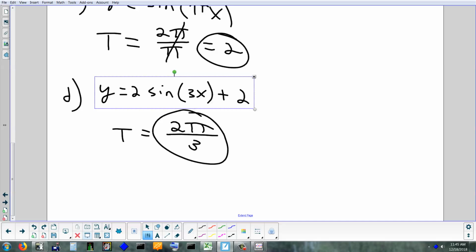Those have nothing to do with the period. Any questions on that? Okay, you'll have 2 questions just like that. If this was multiple choice, I would probably give you 3 as a choice. Don't pick 3. 3 is just what goes in the bottom. It's 2 pi over 3.